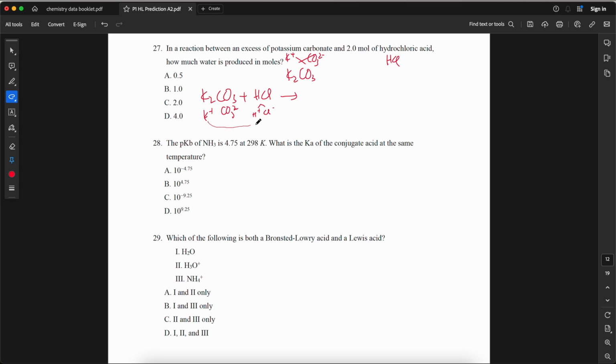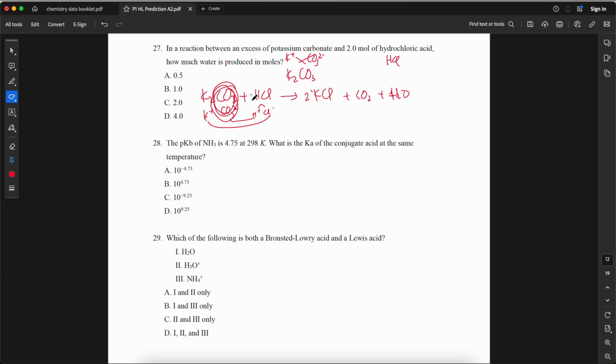So this will be KCl, and this would be CO2 and H2O. Because as long as you have CO3, it will always produce CO2 and H2O. That's the key. So let's balance them.